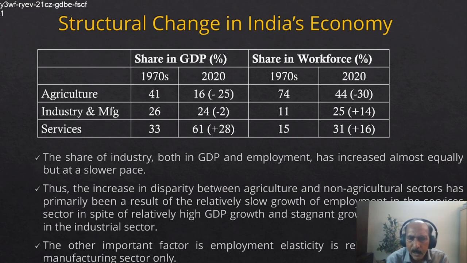therefore when these services expand, the share of the service sector in GDP rises, but commensurate to that, employment does not rise, because these services, as I said, are capital intensive and knowledge intensive, meaning that for their expansion huge capital investment is required and a huge demand for skilled workforce is created.